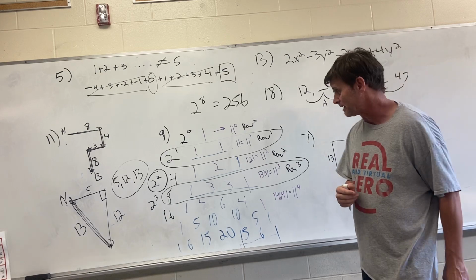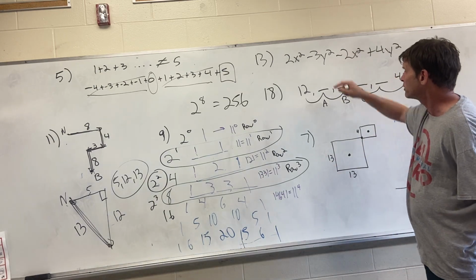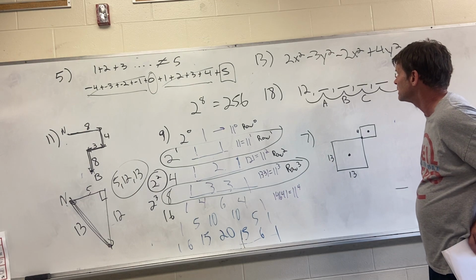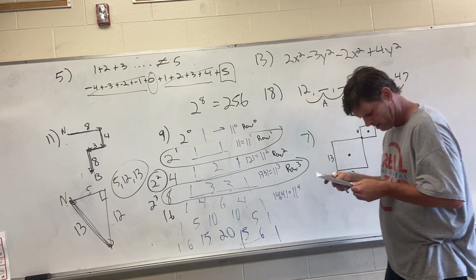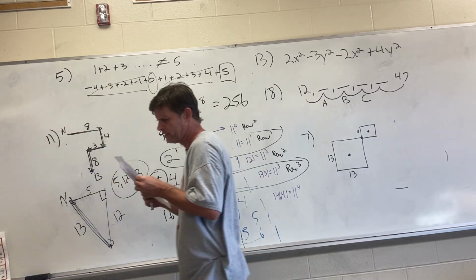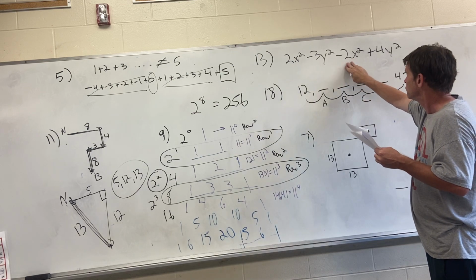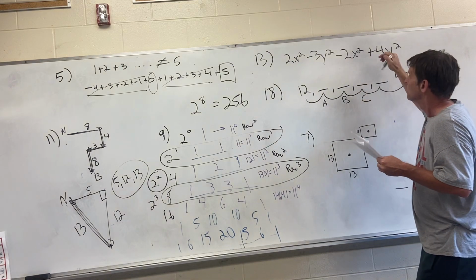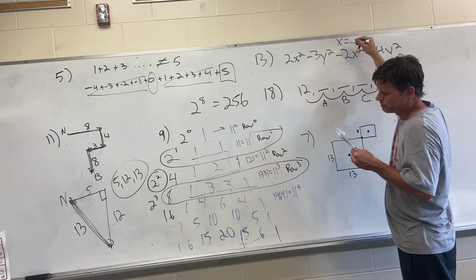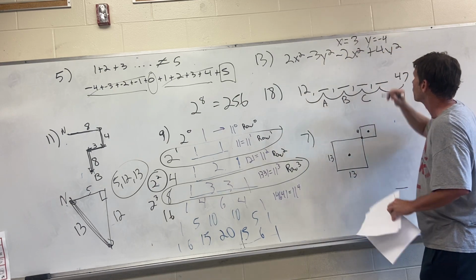Number 13, I'll come back to number 7 over here. Number 13 I thought was kind of quick and easy. It said, what's the value of 2x squared minus 3y squared minus 2x squared plus 4y squared when x equals 3 and y equals negative 4?